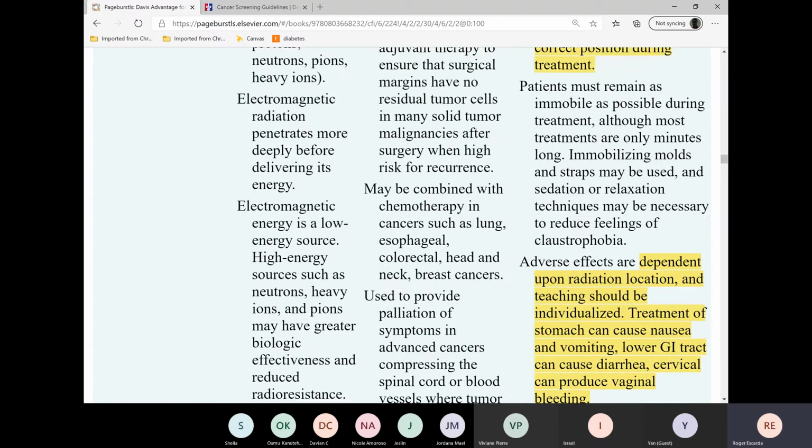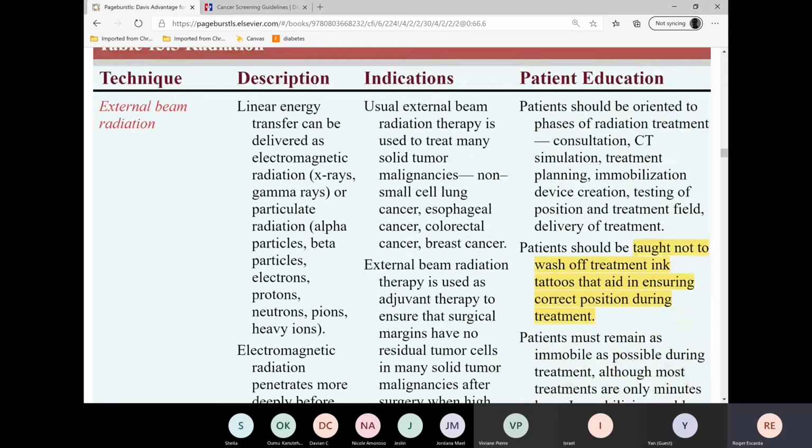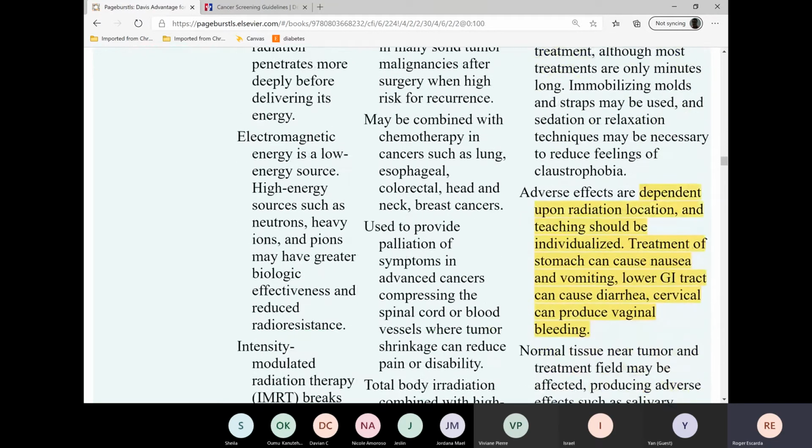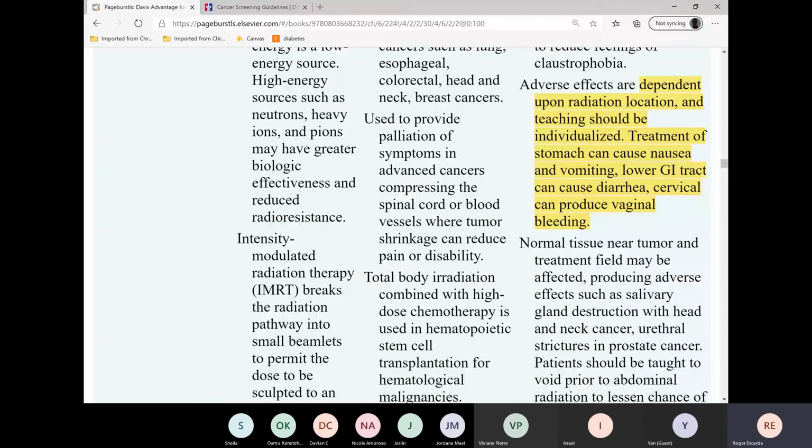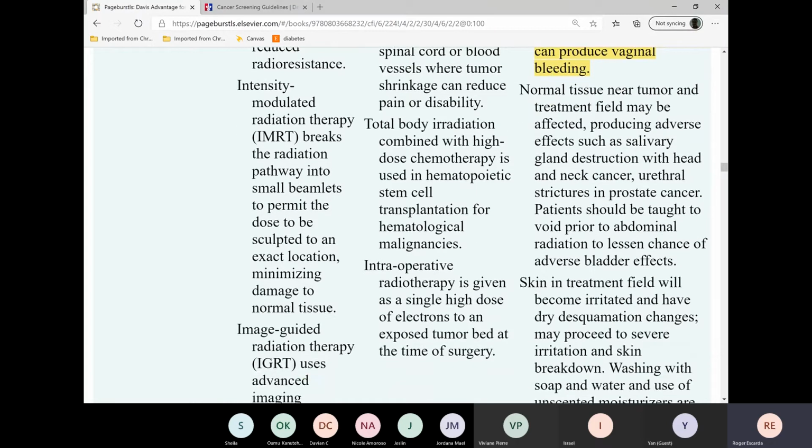So this is obviously external radiation. For external radiation, the side effects usually are local, around the treatment area. Whereas if it's unsealed radiation, because you swallowed it or it was injected, you may have some systemic side effects.